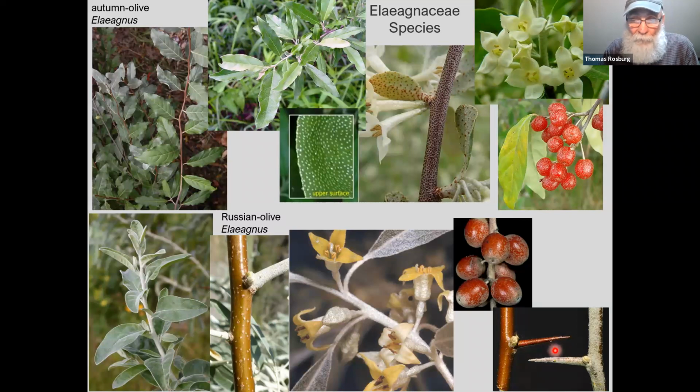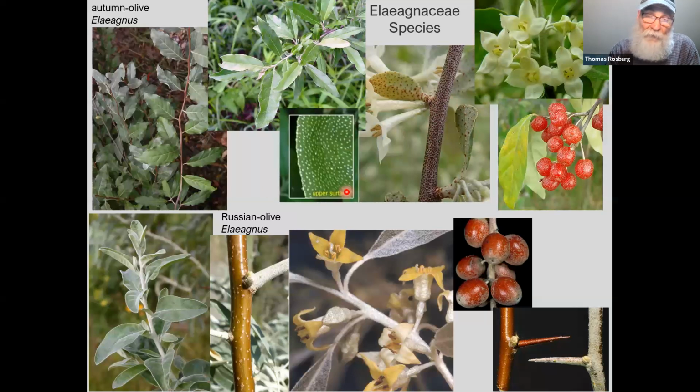They both have thorns, so that doesn't help separate them, but it might help separate them from something else. And their fruits are pretty similar. Some keys say that the fruits are somewhat different color, but that varies. And so you really can't use that. You're going to use the brown reddish scales here for the most part.